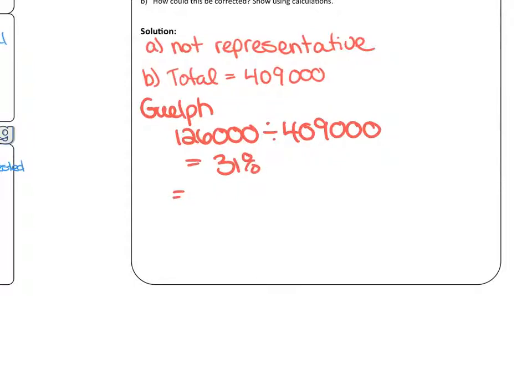And if we times that by our 600, so 0.31 times 600 means that we're going to actually survey approximately 184 people. Now you'll do the same thing for Peterborough and Windsor, and I'll do that, and I'll show you what the actual totals are.